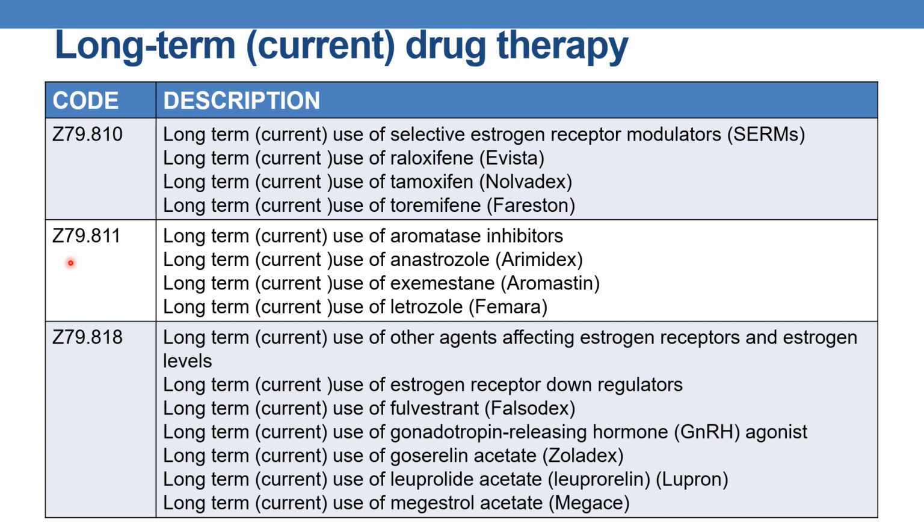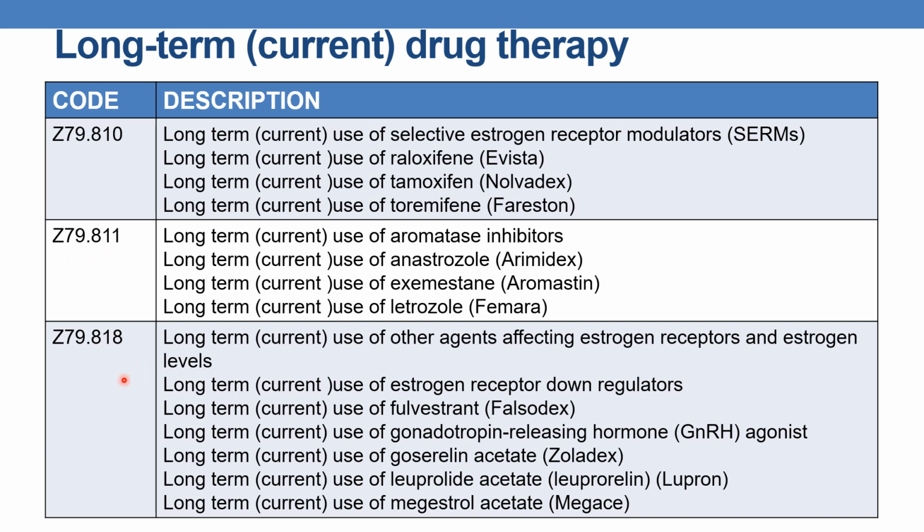The next code is Z79.811. It deals with long-term use of aromatase inhibitors. Whenever the physician documents long-term use of aromatase inhibitors or anastrozole or letrozole or exemestane, in all these cases, you need to code Z79.811.